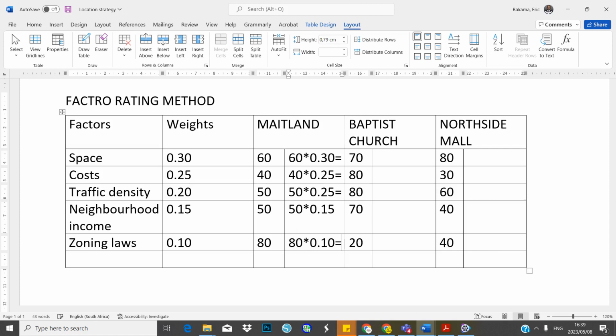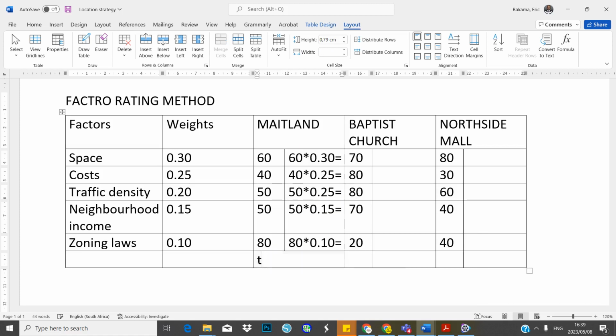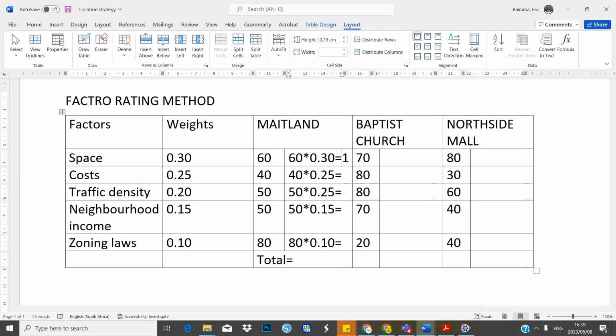Now based on the values that I'm going to have here, I'm going to add them to get a total weight. Now I'm going to merge this and call it total. So I get 60 times 0.3, which gives me 18.